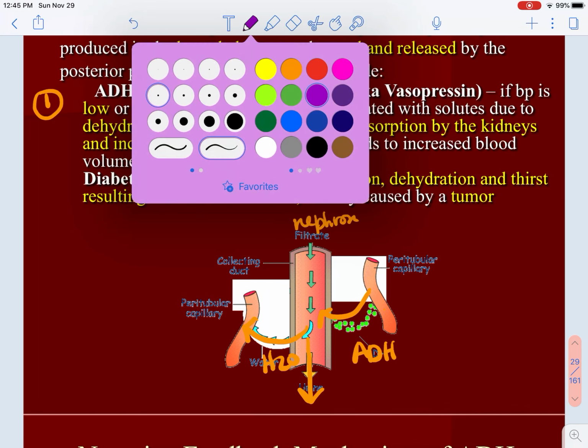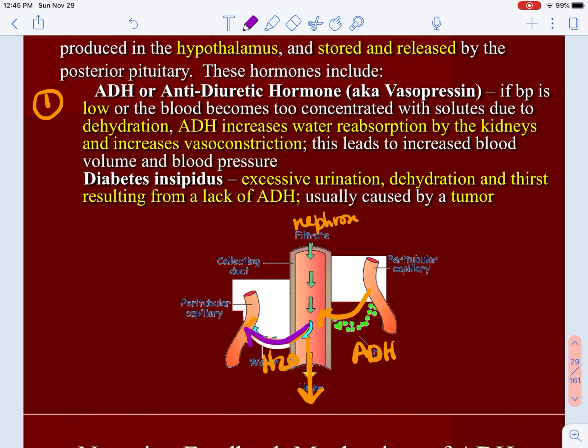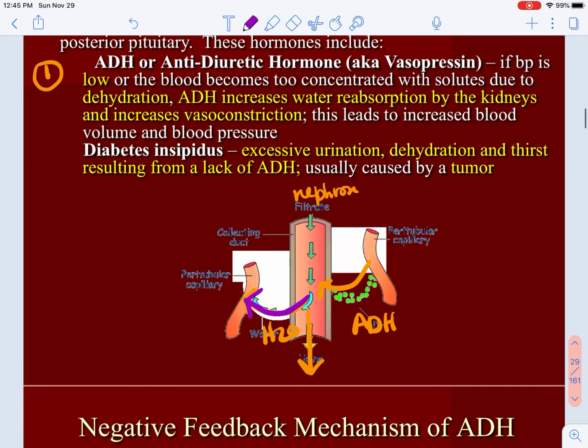So we will be keeping more of our water in the body and concentrating the urine. So ADH will then be shut down with negative feedback once the blood volume is back to normal.